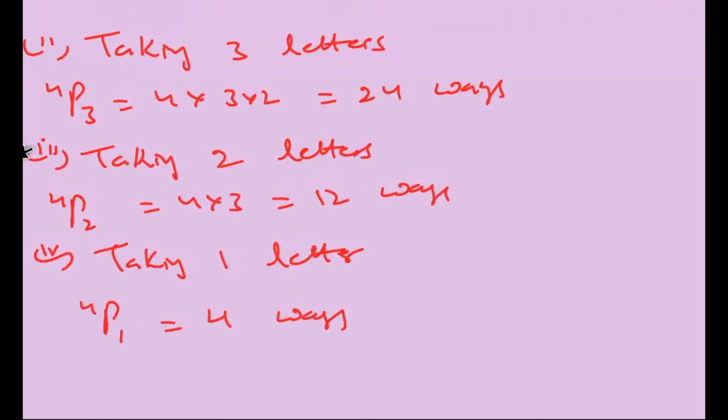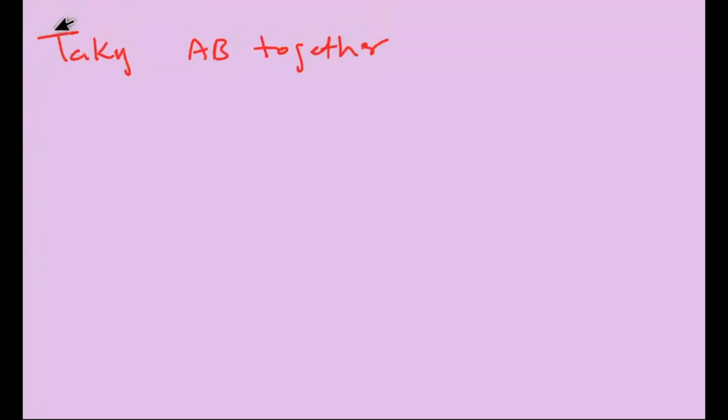So now the next question is taking AB together. Taking AB together, first we put them in a box so that they are together, then C and D. We have to think of 3 letters here, so we can write 3 into 2 into 1 ways.